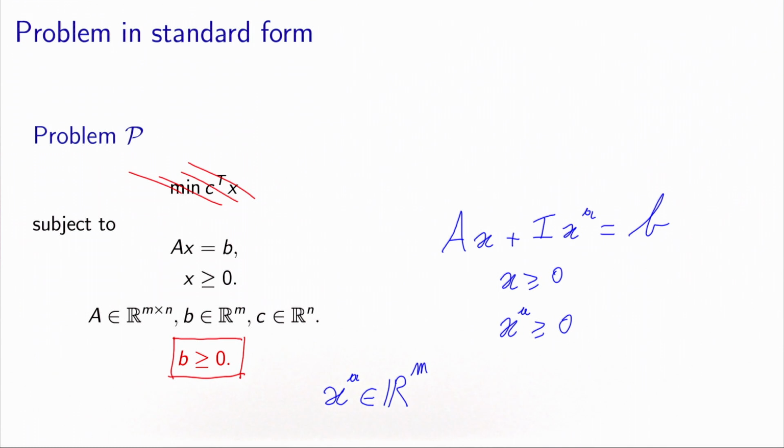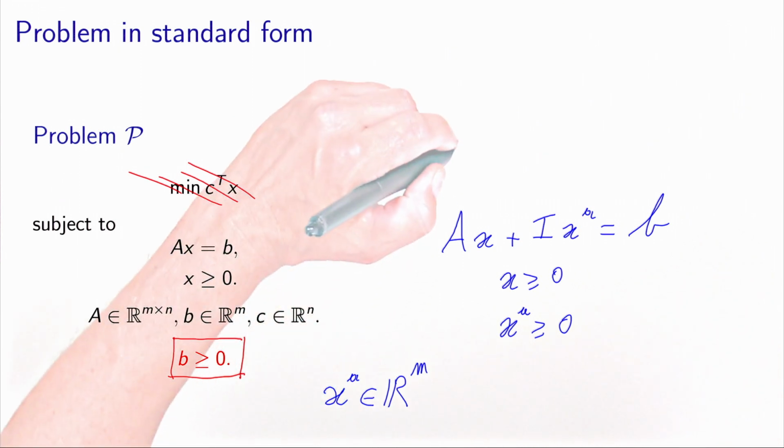The second comment is that in order to make the calculation of the first tableau easy, we have introduced these auxiliary variables xa, but we want to get rid of them at some point. And in order to get rid of them, we will try to make them as small as possible. Why? Because they are non-negative, so the smallest possible value is 0. If we're able to set them to 0, they will disappear from the problem. And this is what we will do.